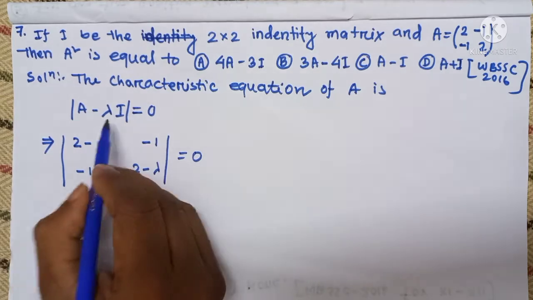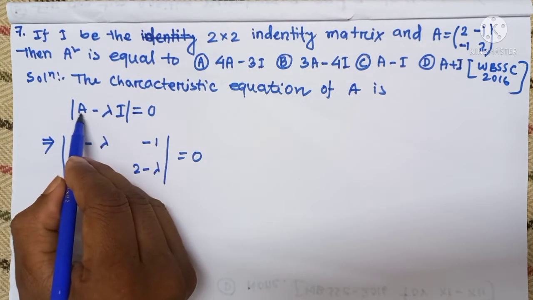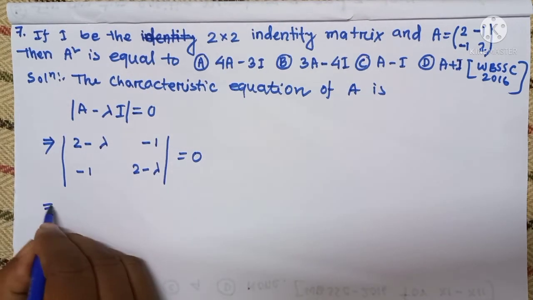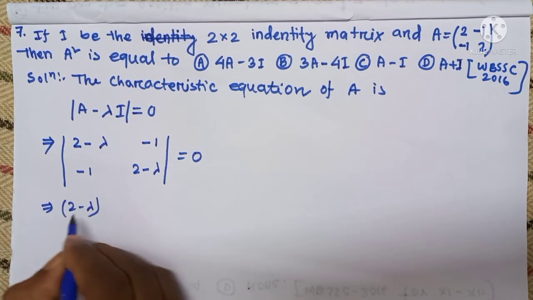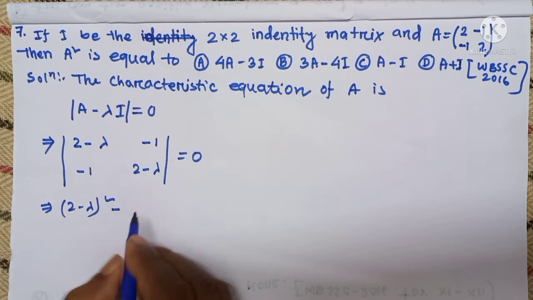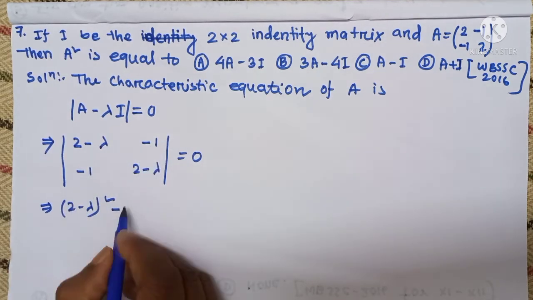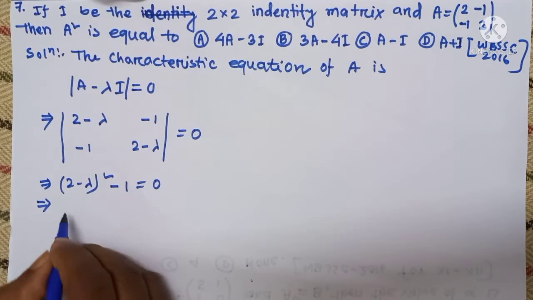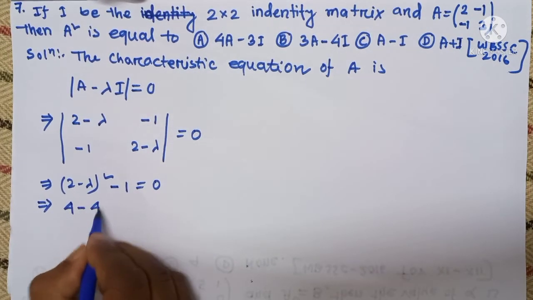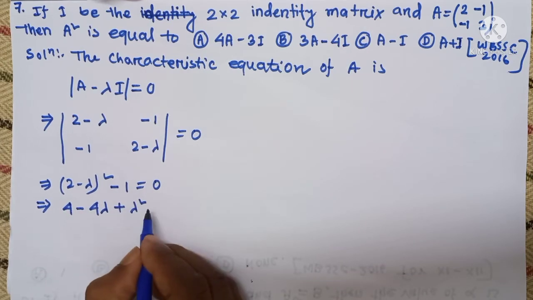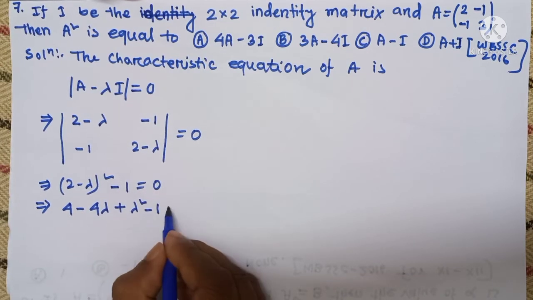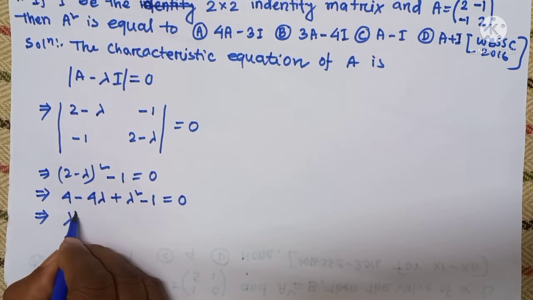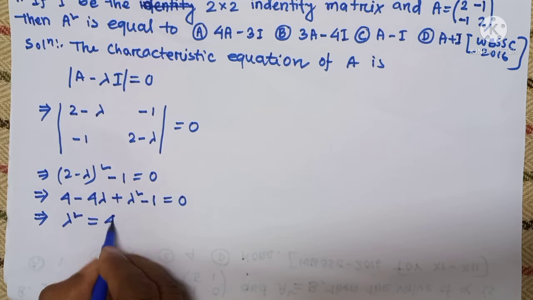We subtract lambda I from A, so we get this. So the determinant equals 0 implies (2 minus lambda) whole square minus (minus 1)(minus 1) equals 0. This implies 4 minus 4 lambda plus lambda square minus 1 equals 0. This implies lambda square equals 4 lambda minus 3.